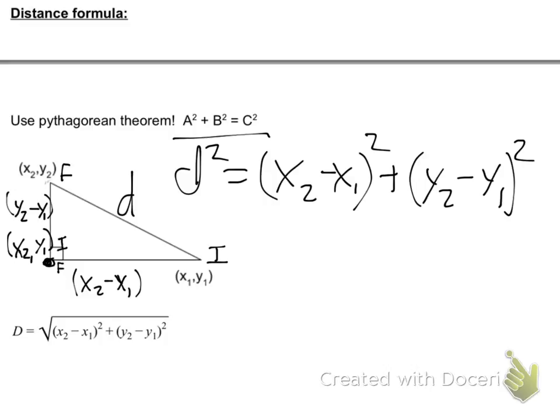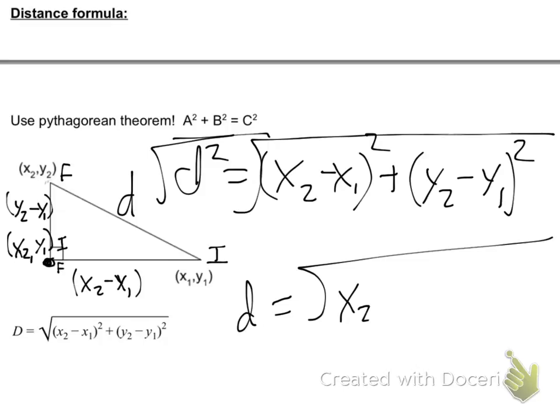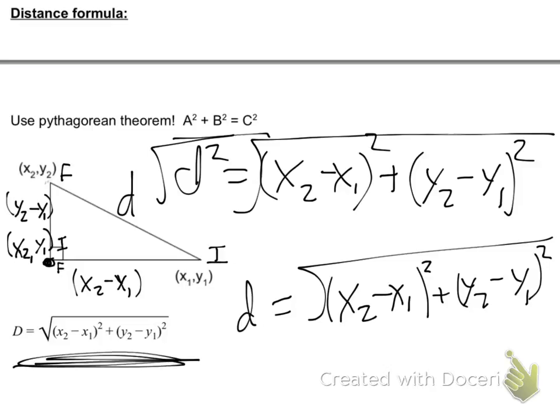To solve for D, I just take the square root: D equals the square root of x2 minus x1 squared plus y2 minus y1 squared. And that, guys, is the equation right there.